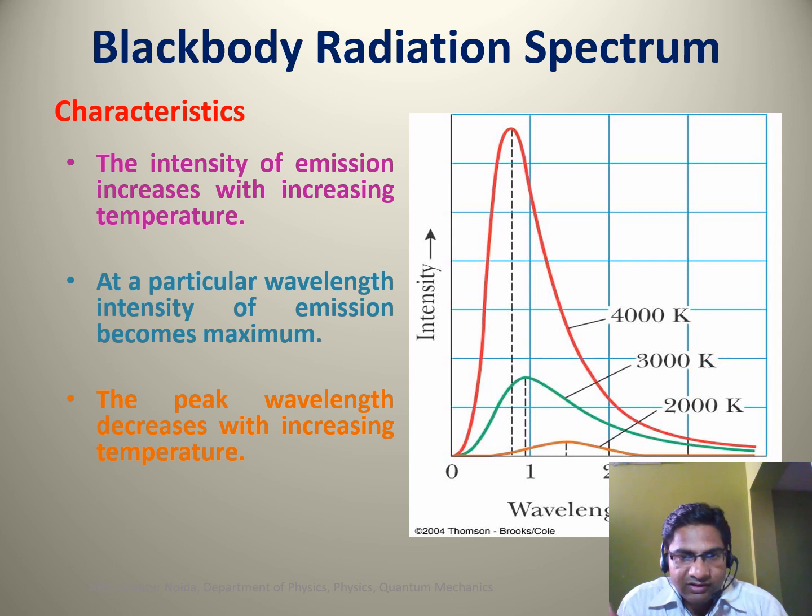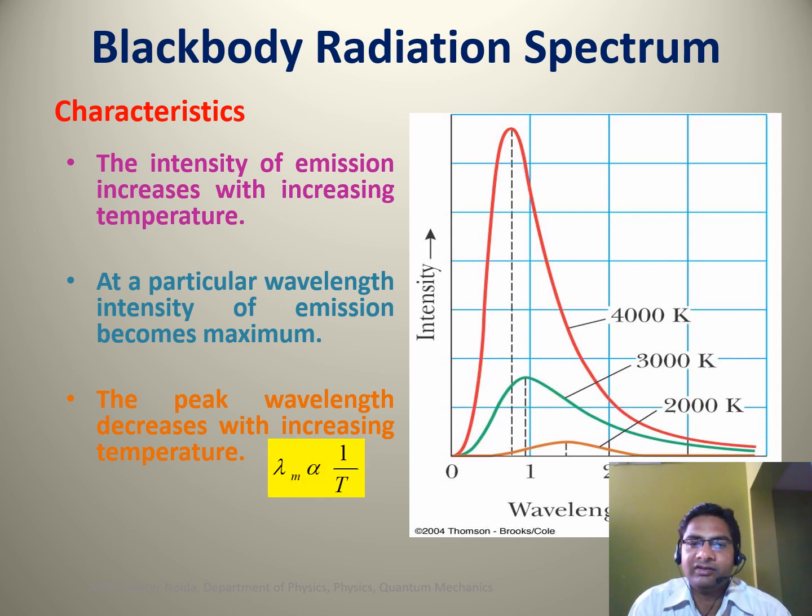But you are seeing the wavelength corresponding to the peak value: as the peak value is increasing, the wavelength corresponding to it is decreasing. It means as the temperature is increasing, the wavelength corresponding to the maximum value or peak value is decreasing. Therefore, the absolute temperature of the blackbody is inversely proportional to the wavelength corresponding to the maximum intensity.